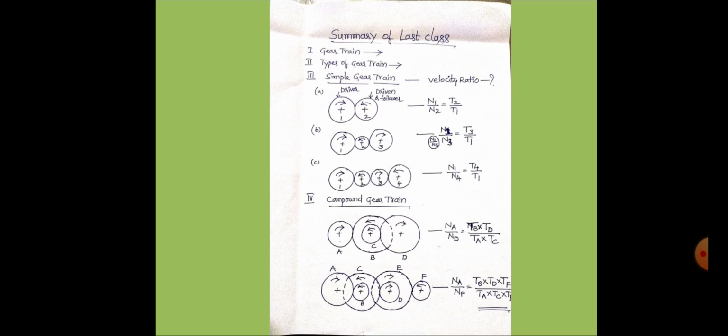One is gear A, another is gear C, because gear A is driving gear B, therefore gear A is the first driver, and gear C is driving the gear D, therefore gear C is one more driver, which we call the second driver.